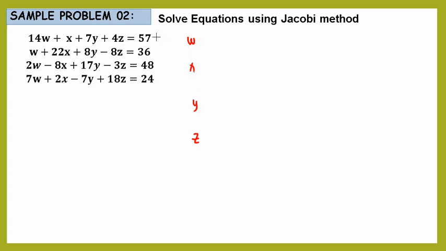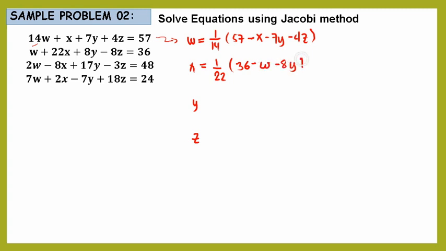So, for first equation, since w yung dominant dito, if we manipulate this equation, makukuha natin yung equation natin for w that is equal to 1/14 of 57 minus x minus 7y minus 4z. And the same for x, makukuha natin yung equation natin that is equal to this equation, 36 minus w minus 8y plus 8z. So, dito din nakuha yan.